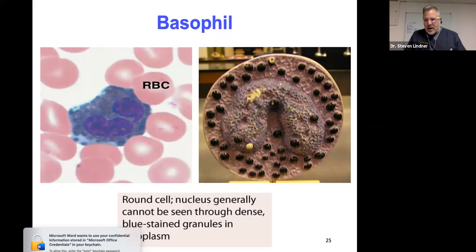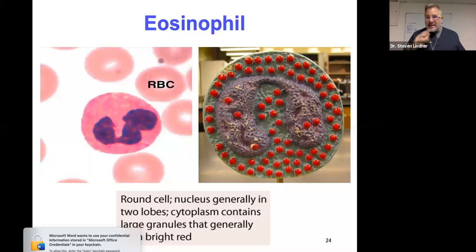Basophils are going to release histamine, right? When you have a histamine reaction, your nose gets stuffed, your skin gets itchy and red. So the basophils release histamine, whereas the eosinophil is going to release histaminase. Anything that ends in -ase is an enzyme. So histaminase is going to break down histamine. So they kind of work together. One's releasing histamine, the other one's trying to get rid of it. But they're both seen with allergies.